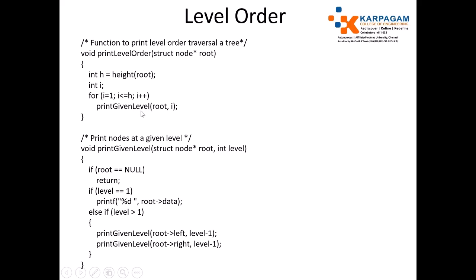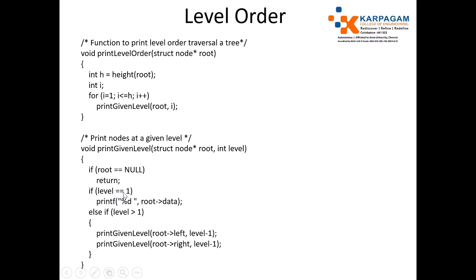Okay, so print given level is called by passing the root node address, comma, i equal to 2. Now this function comes. The root value is the starting address, that is 3, and the level is 2. If root is null, it will return nothing.